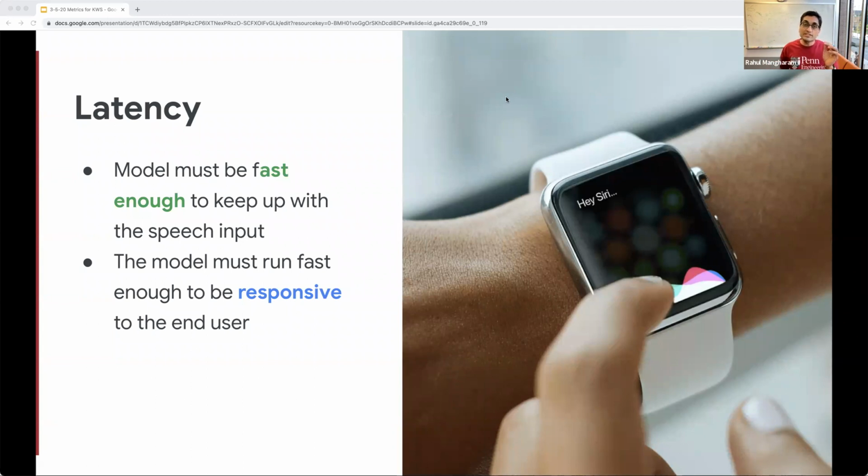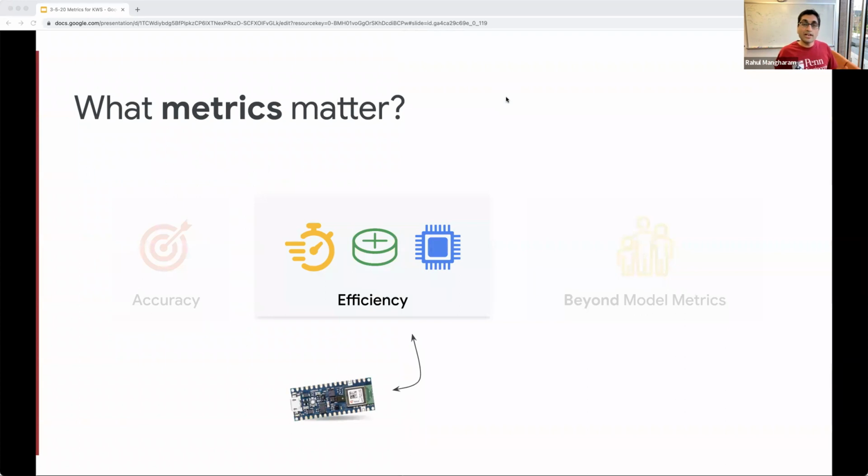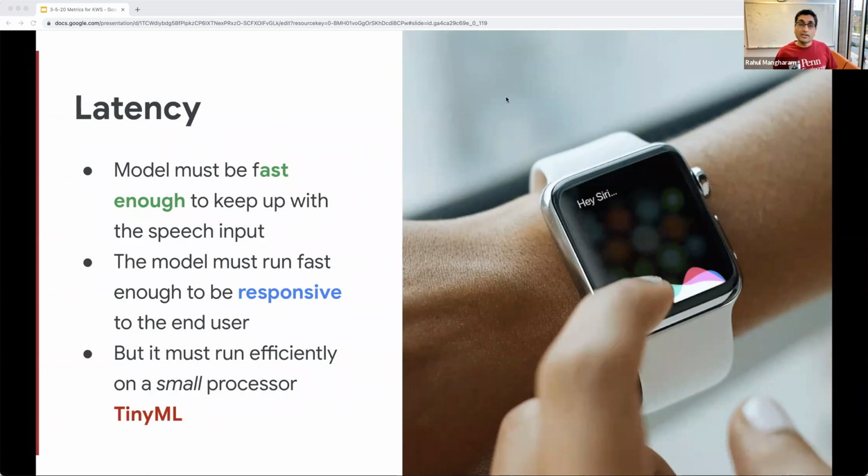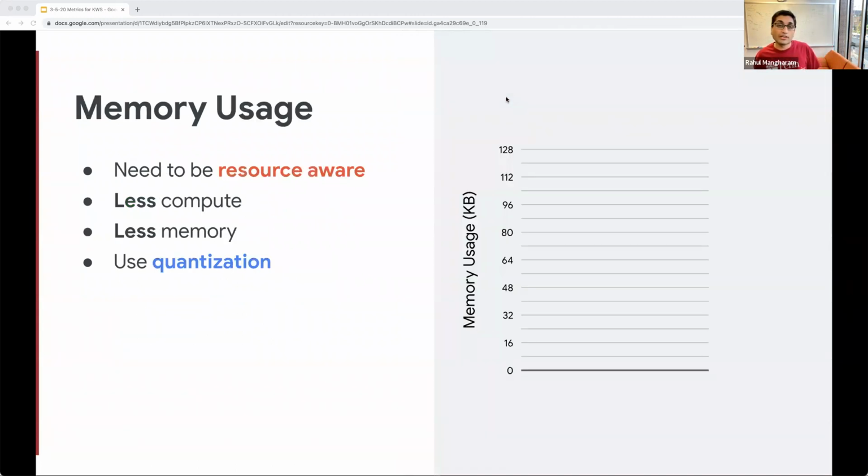So responsiveness is key. It also has to run efficiently because you don't want it to use up too much of the battery. So on the latency aspect, this is why you want to keep the model small. And with all these factors, there's of course the other aspect of memory efficiency.